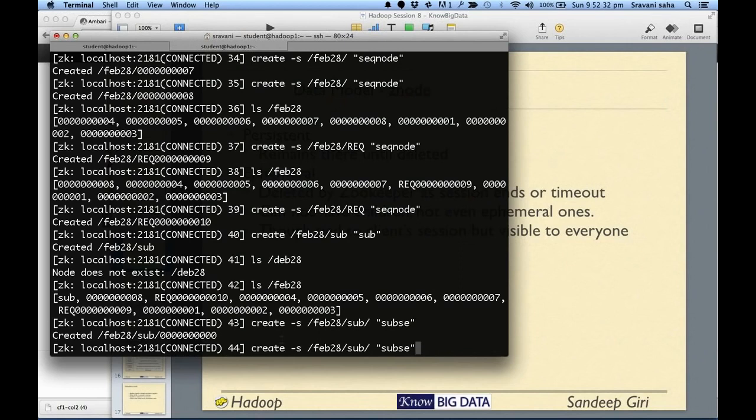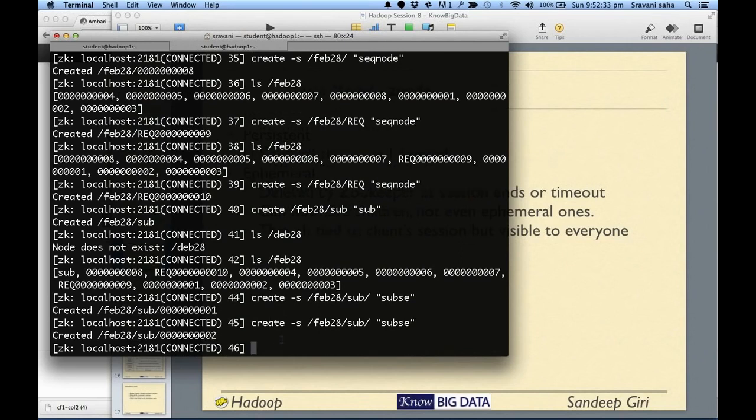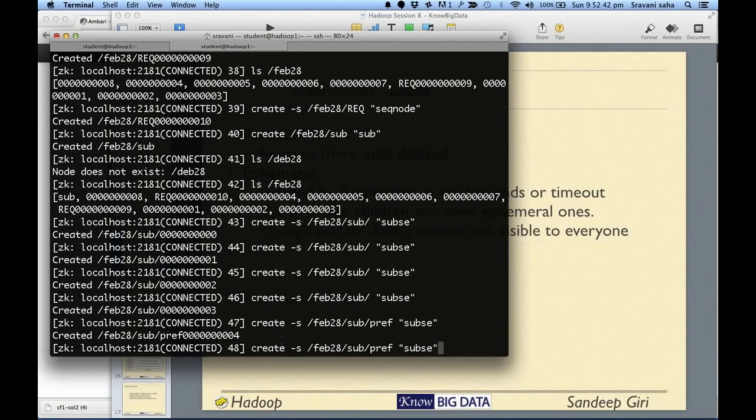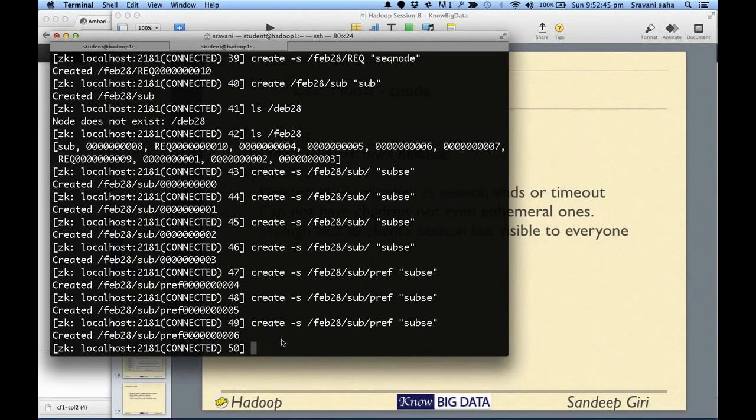And if you keep creating the node with nothing as prefix, it will keep giving it only the number. If you want to provide some prefix, it will create the node based on the prefix.